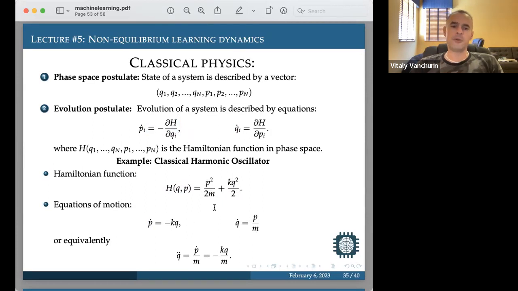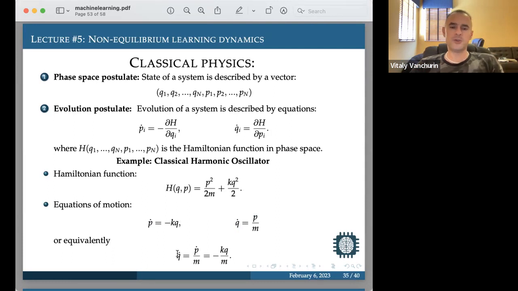Now you can combine those two first order differential equations into one second order differential equation by taking a second derivative of the second equation. Basically, q double dot will be p dot divided by m. M doesn't change with time. It is just not a dynamical parameter. And then once you have p dot here, you can substitute the other equation, and obtain the second order differential equation.